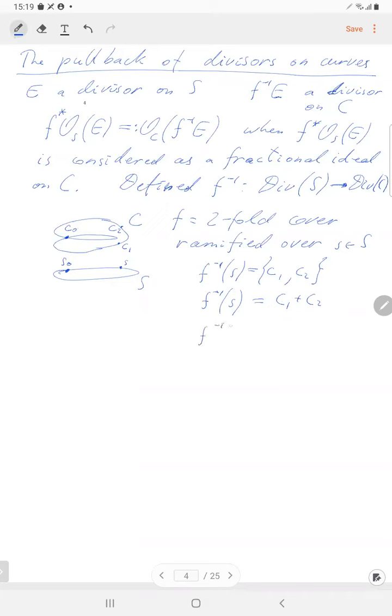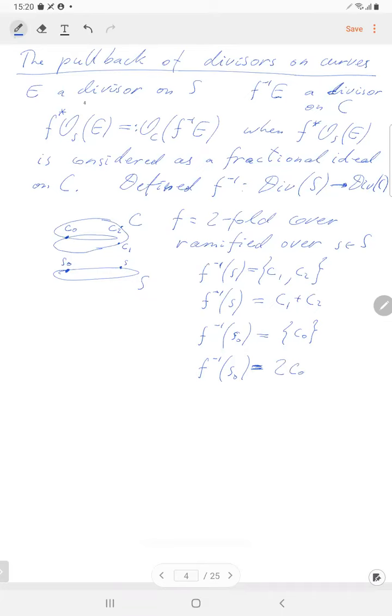So the pre-image of this special point downstairs will be just 1 point upstairs, but at the level of divisors you still have the same degree, so it's twice the divisor C0.